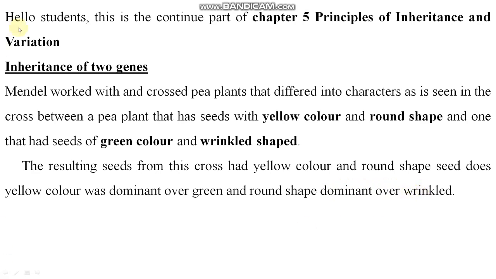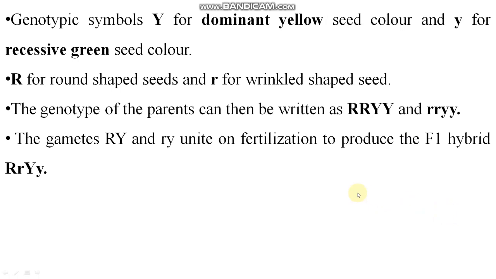Remember which one is the dominant here and which one is the recessive here, right? So yellow is dominant over green color. You can say green is recessive and round shape is dominant over wrinkled seed. Clear? So the genotypic symbol of dominant yellow color is capital Y, and recessive green is represented by small y.